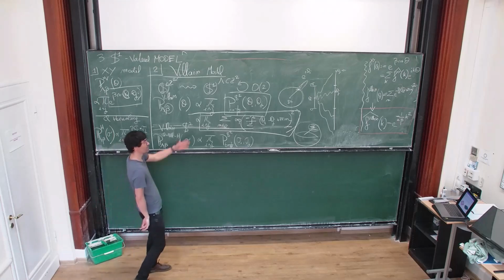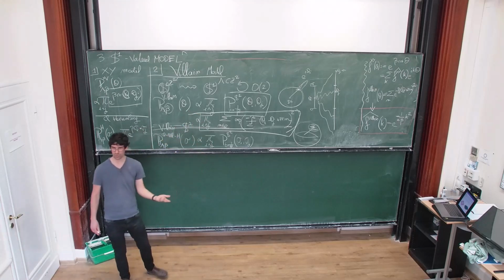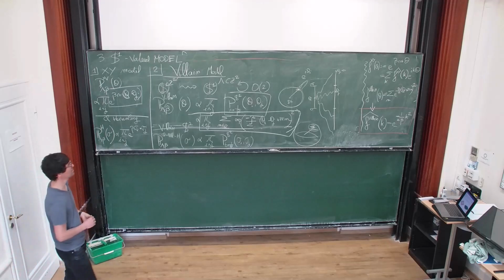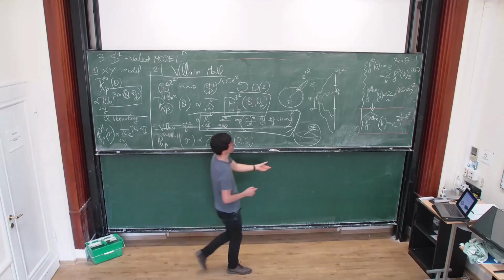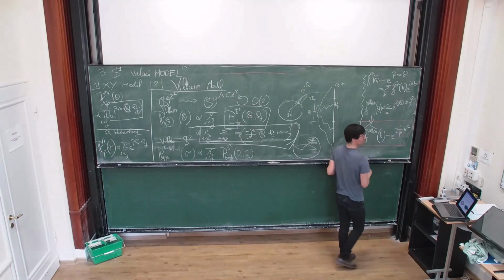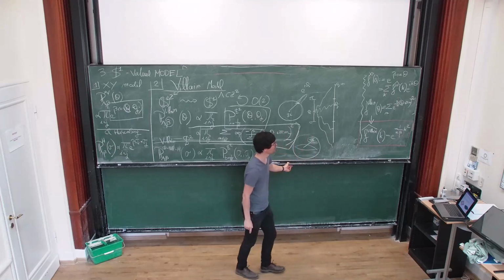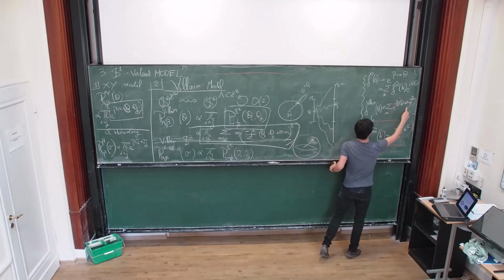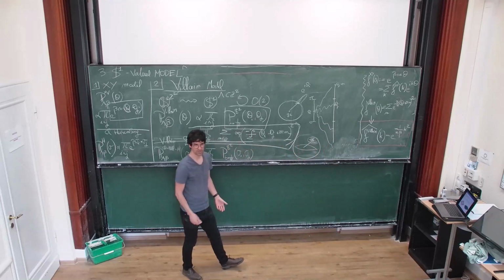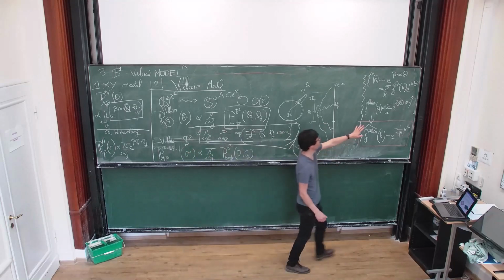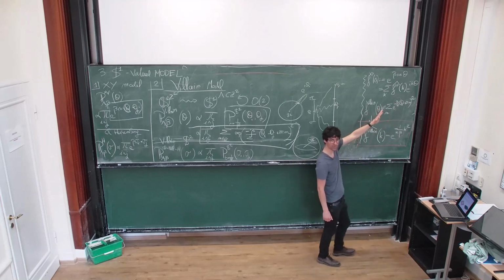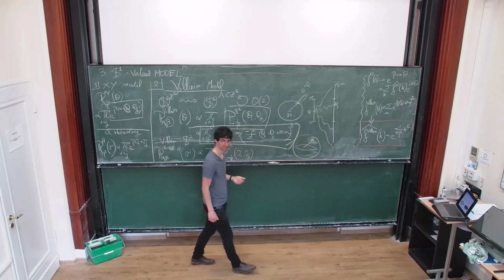The simulations, the nice pictures I've shown you, you would basically see exactly the same thing with the Villain model. Why? Because if beta is very large, this interaction between nearest neighbor spins is extremely close to this. If you try to approximate e^(beta cosine theta), you Taylor expand cosine and you will exactly see this, except for the Fourier modes 1, 2, 3, minus 1, minus 2, and so on.